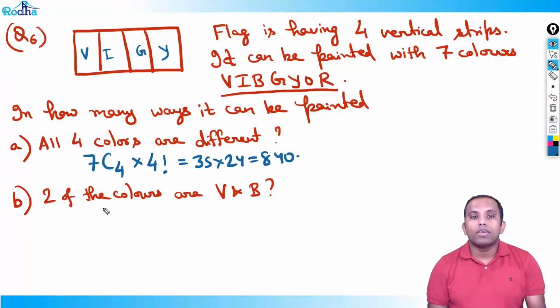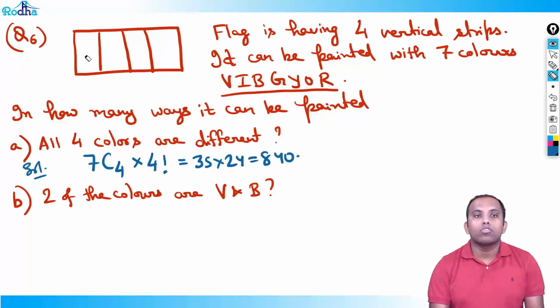So when 2 of the colors are violet and blue, in how many ways can it be colored? That means 2 colors, violet and blue, are already here. So from the 7 colors I can't pick violet and blue again. I have the 5 options: indigo, green, yellow, orange and red.